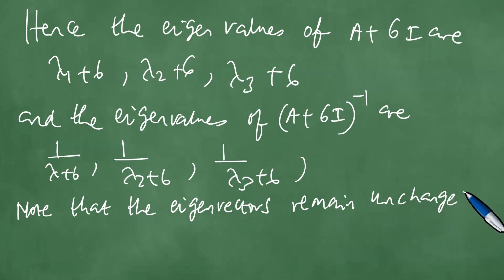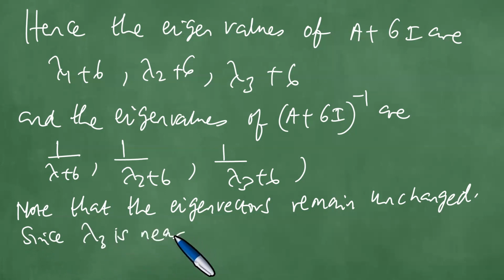So the eigenvalues keep changing, but the eigenvectors remain unchanged. But also, since lambda 3 is near -6, lambda 3 plus 6 will be small.